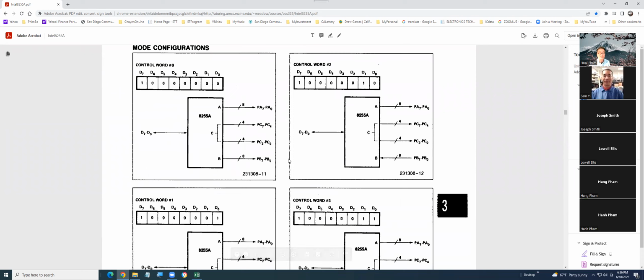Now, this is the one. You see that? They're giving you the control word here. 8-bit. What's the data here? 0x80.